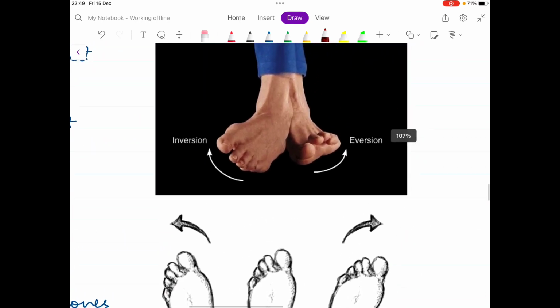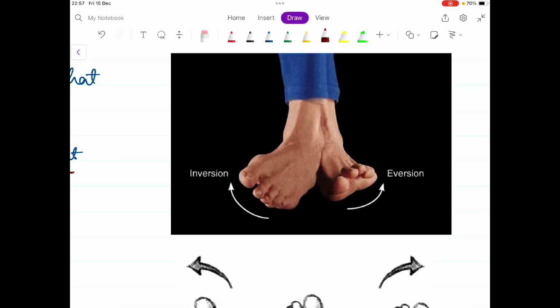Just watch this image. You can clearly see that in inversion, the plantar surface of the foot is brought towards the midline of the body, because this is the medial side and this one is the lateral side. If you see closely, the midline of the body might be somewhat here.